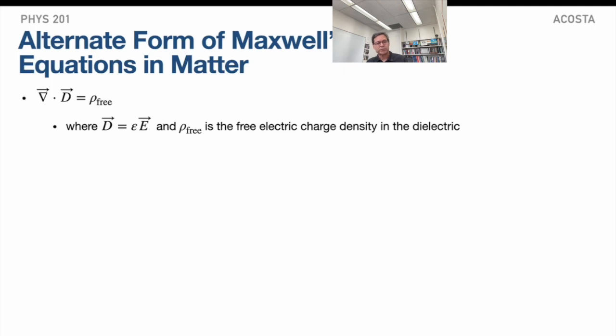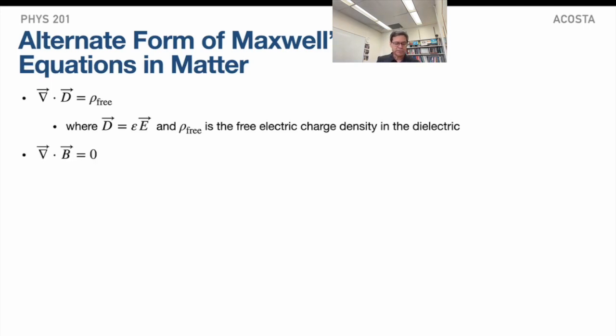But the free charges, the ones that are free to move, give rise to what is known as a displacement field. So this displacement field equals the electric field times a permittivity constant, epsilon. And rho free is the free electric charge density in this dielectric material.